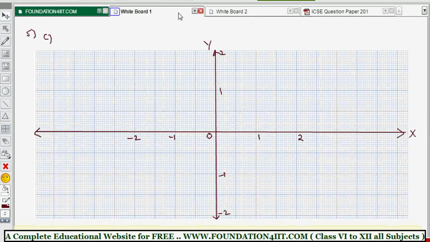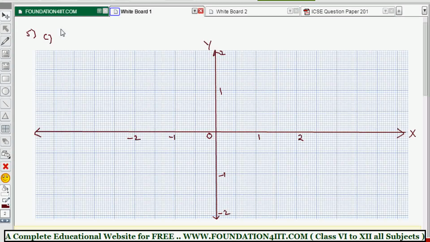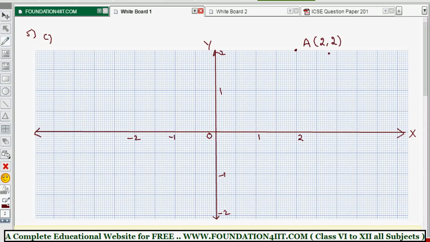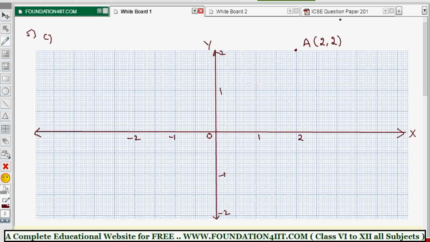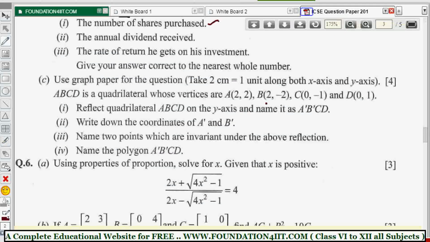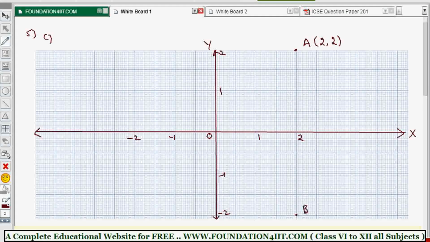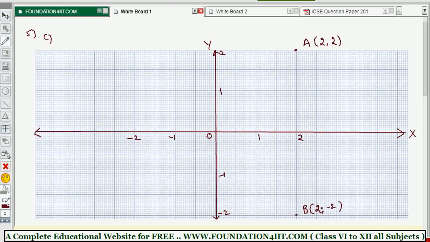Take x axis 2 and y axis 2, so that is A. Next point, B is 2 comma minus 2.